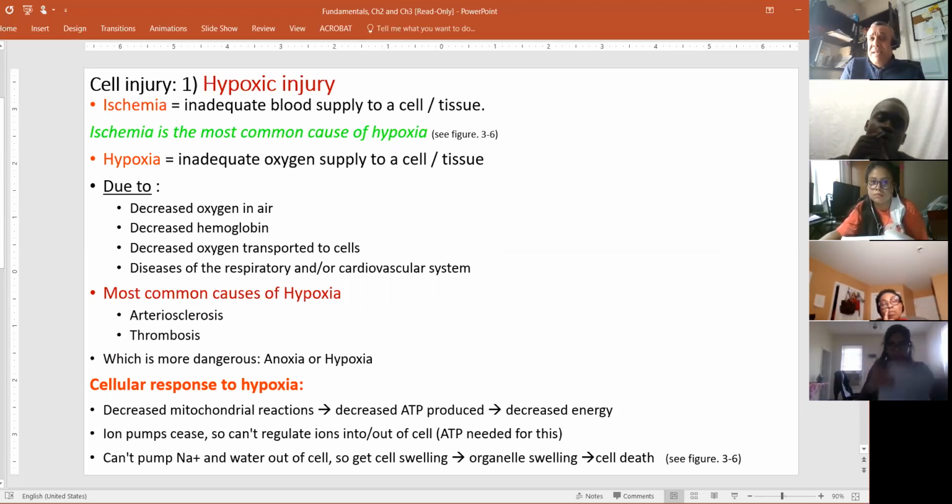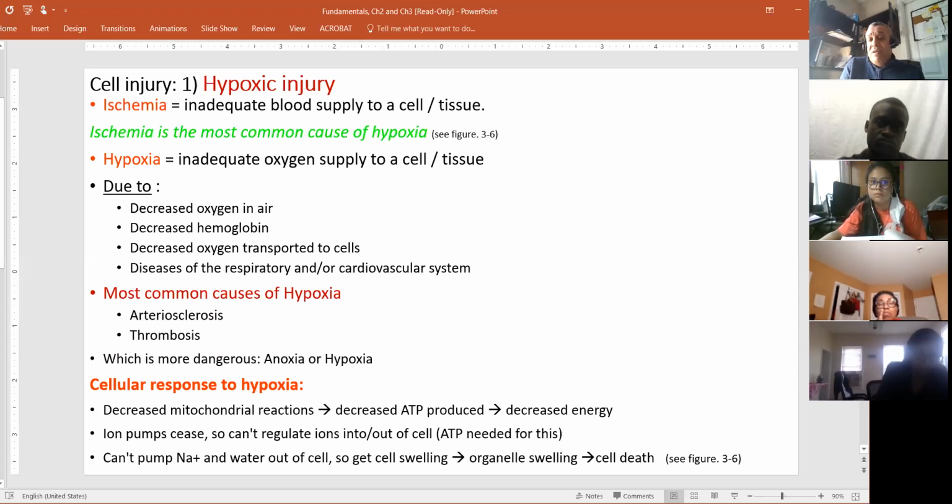Or because the patient has an airway obstruction or COPD or asthma, and there is decreased oxygen in the air or the patient's inability to get air into the lungs due to that obstruction or alterations in the lungs: asthma, COPD, bronchiectasis, emphysema. All of these are changes within the structure of the lungs that prevent air or oxygen from getting into the lungs normally and doing the exchange of gases.